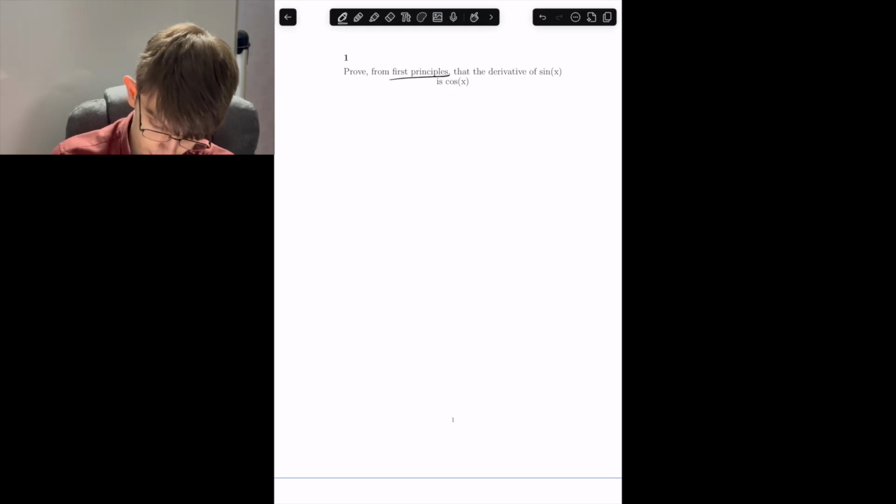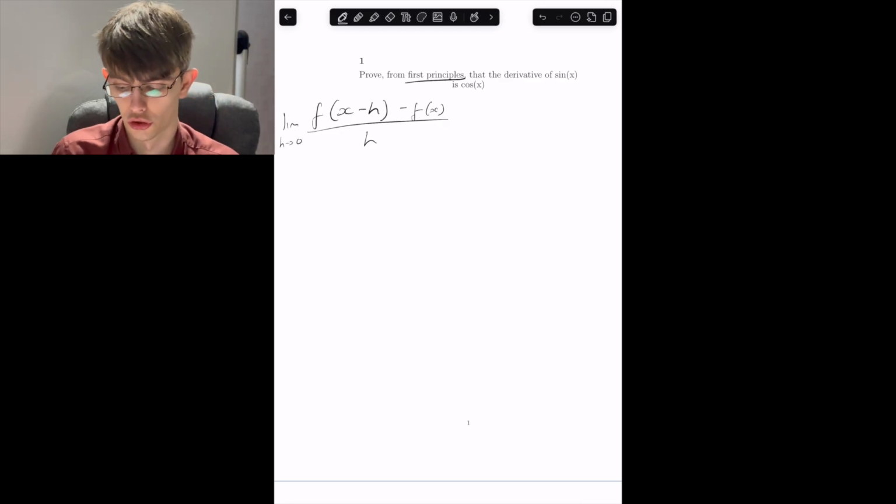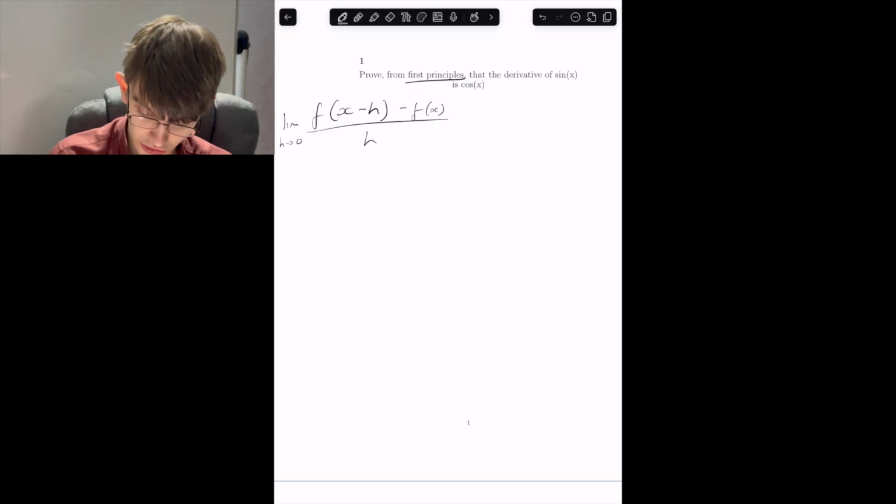If we're working with first principles, then we are working with the equation f of x minus h minus f of x divided by h. And that, of course, is in the limit as h tends to 0. So, let's put our sine of x into here. And again, some people do struggle with this, so let's see how we do that.